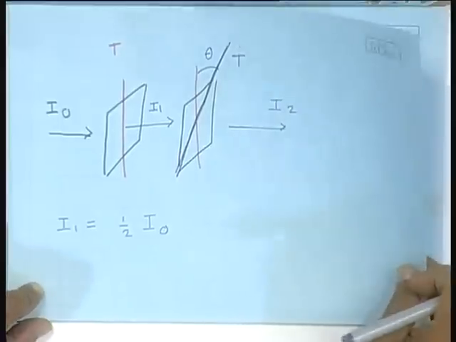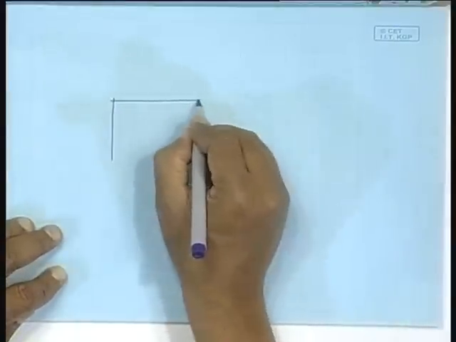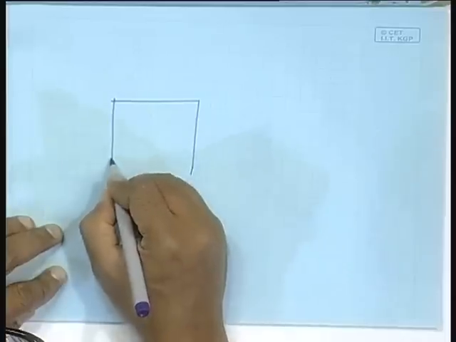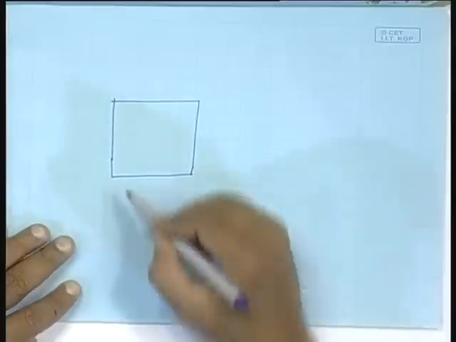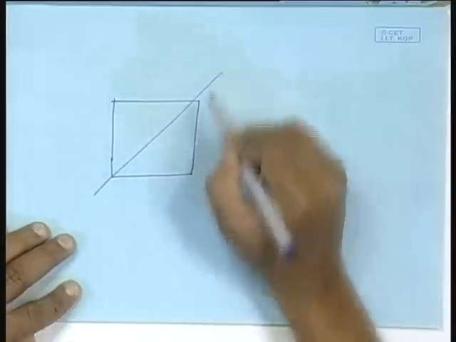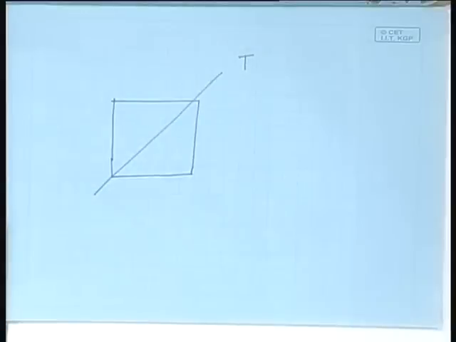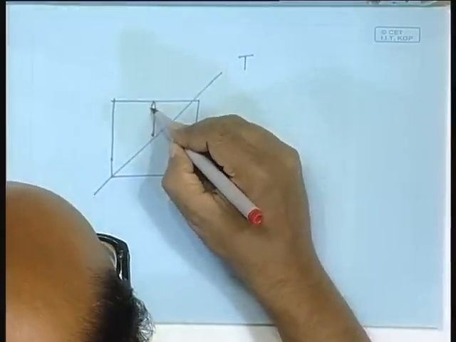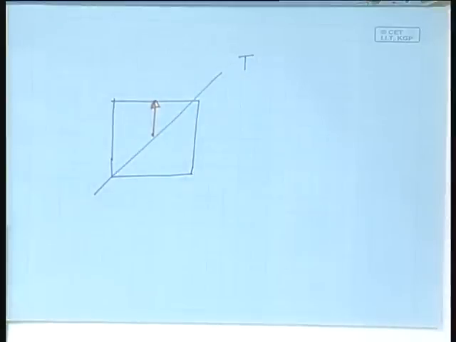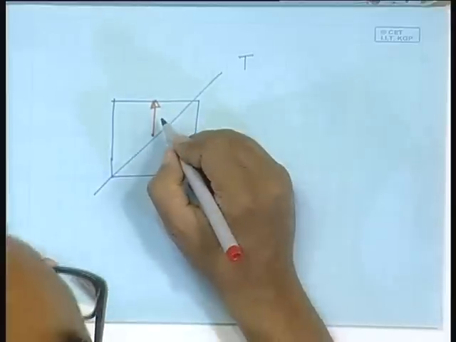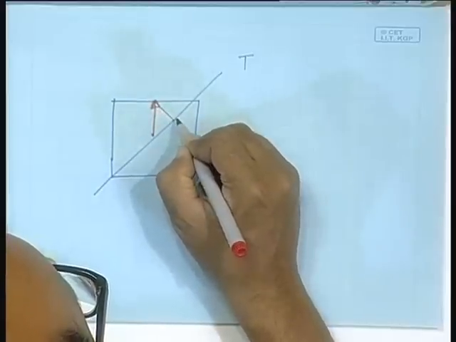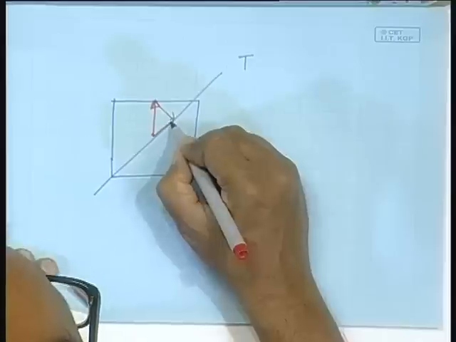So, let us draw a picture which shows the analyzer, whose transmission axis is like this, along this direction, and the incident radiation has the electric field oriented like this. Now, the analyzer will only allow the component of the electric field parallel to the transmission axis to pass through.